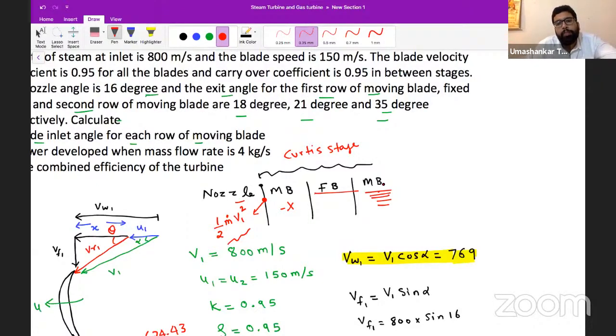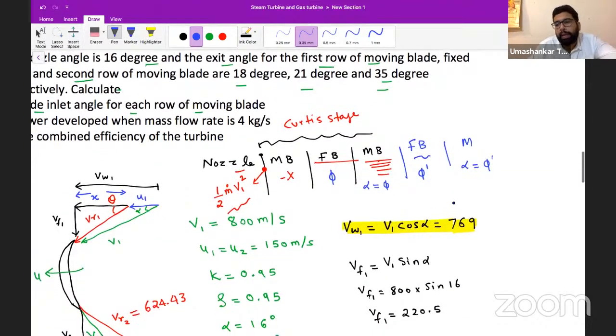If after this moving blade we have another fixed blade, and let's say the exit angle of this fixed blade is phi, then alpha here is going to be phi. Let's say the exit angle of this fixed blade is phi dash, so alpha here is going to be phi dash. Got my point.